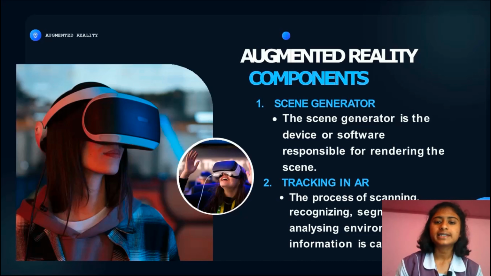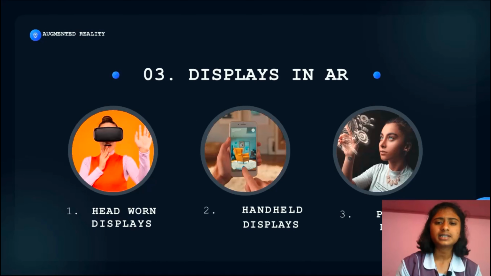Then handheld displays, as you can see from the photo, like you can experience a digital sofa which you can try out in your room, to see where it actually fits well. And then projected displays, where you can use a real world object as the projection surface for your virtual objects.